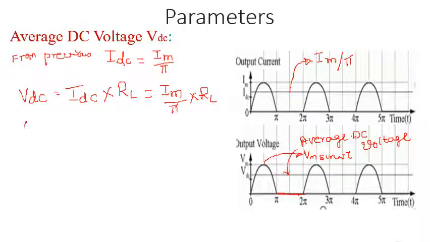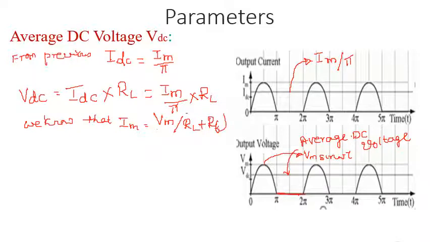We know that Im, the maximum current, is equal to Vm divided by RL plus RF.